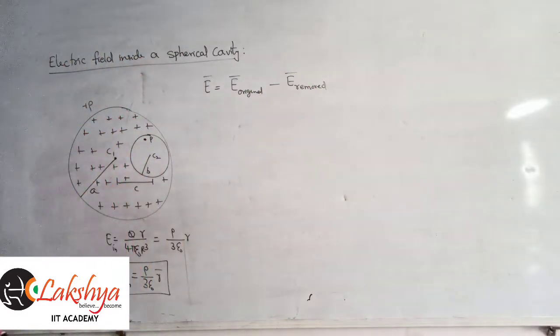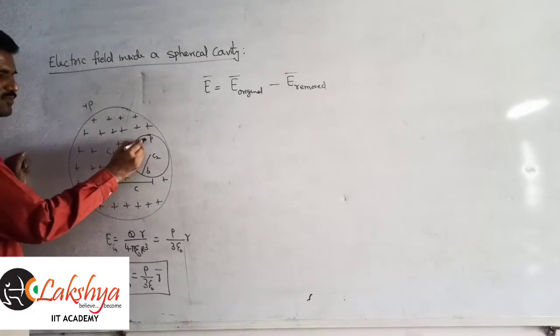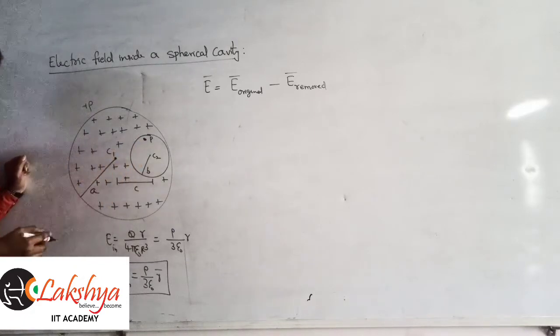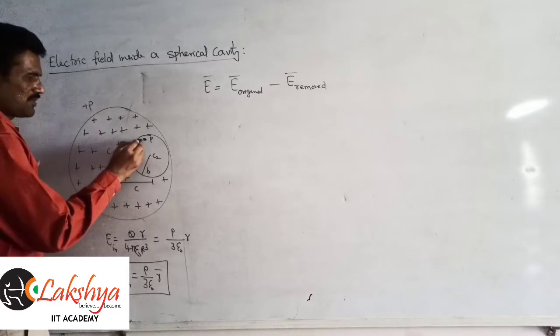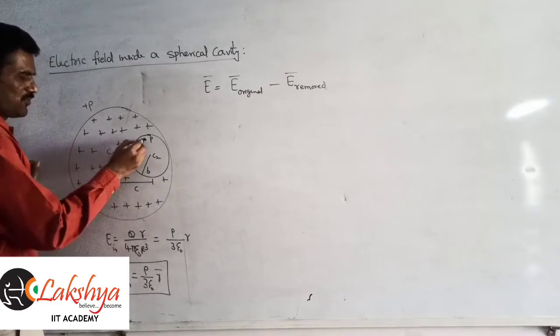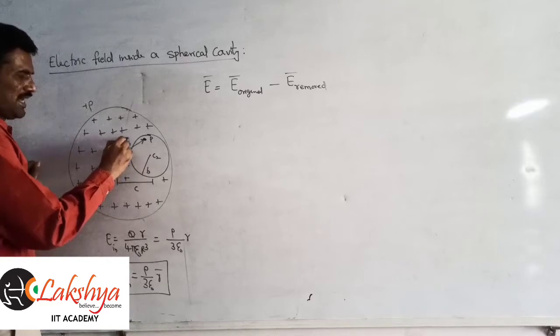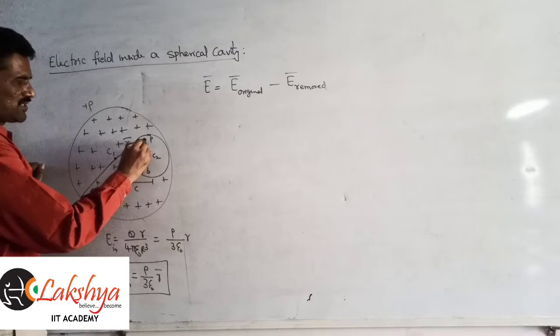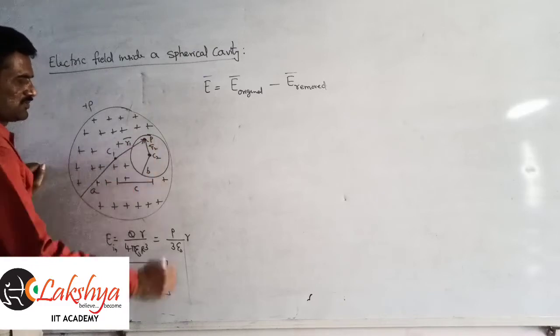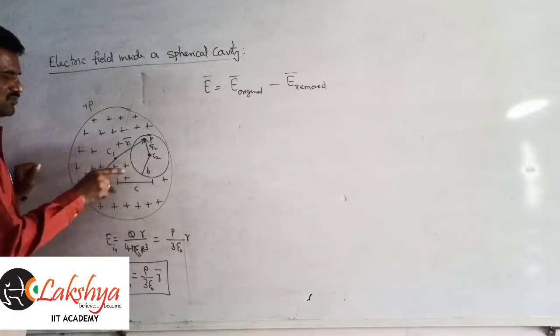We are assuming a point P here. At that point we need to calculate the intensity of the electric field. Suppose I am taking the distance of the point from the center of the sphere as R1, so in vector form I can take it as R1 bar, and similarly from the center C2 it is R2 bar, right? And the vector C1 C2 you can take as C bar. I will explain that later.